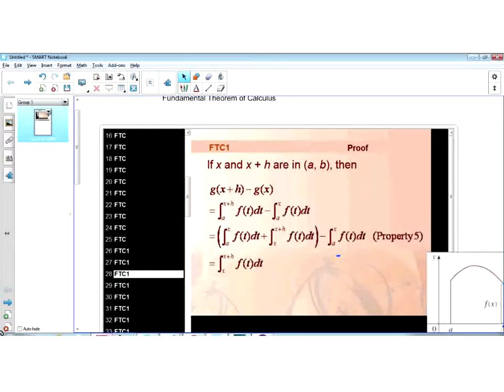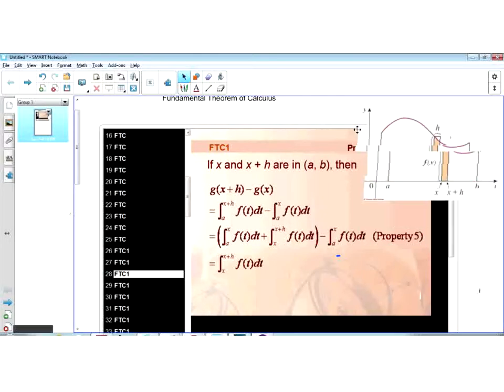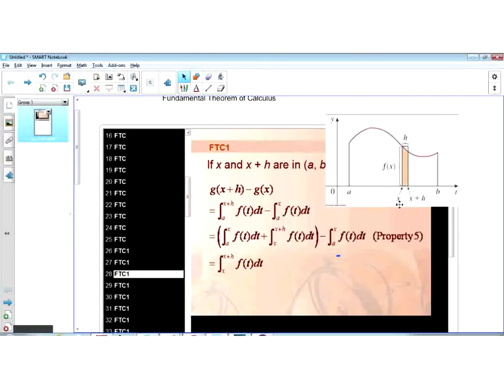again, here's the reference figure. Okay, so g of x plus h is the area under the curve from a to x plus h of f of t dt minus the area under the curve from a to x of f of t dt. It's this golden strip, right?